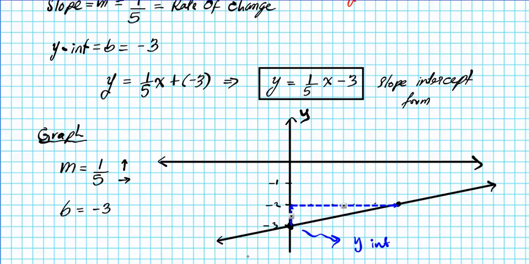All right, so let's just color code that. So our rate of change is the same thing as the slope. So what we're doing is we're rising 1 and running 5. So m equals 1/5 is our rate of change, also known as the slope.